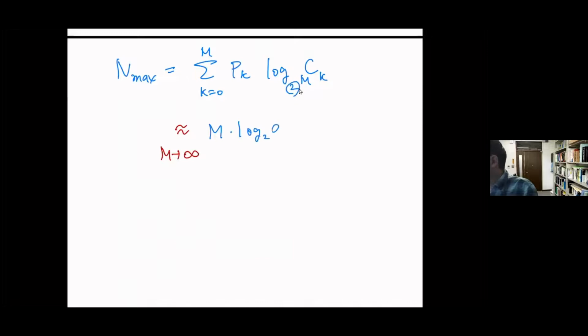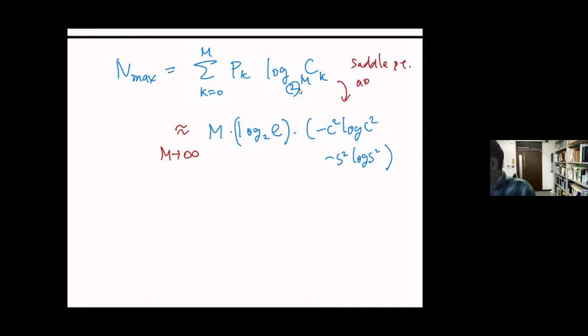There are some extra factors here, and this c square, and you can just do this saddle point approximation, and precisely then we get what we expect.